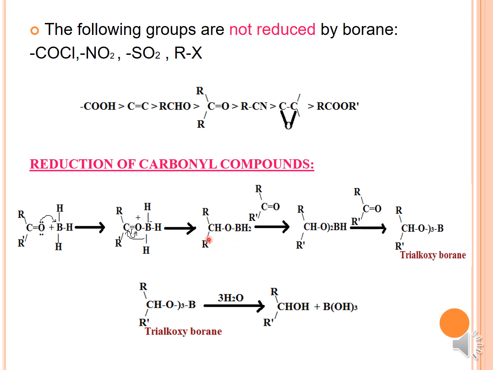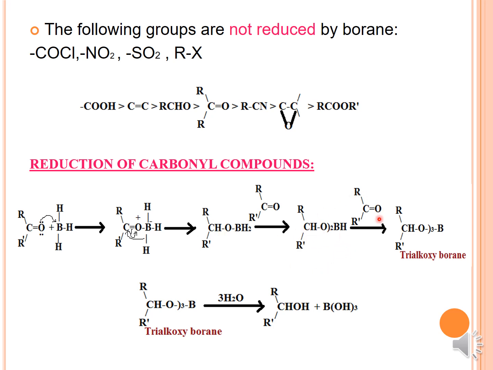The same thing will happen again, the hydride shift and all. First you have to open the BH2, that is, BH with one bond to H. The hydride will again attack the carbon atom, and after the shift you will get back this structure.